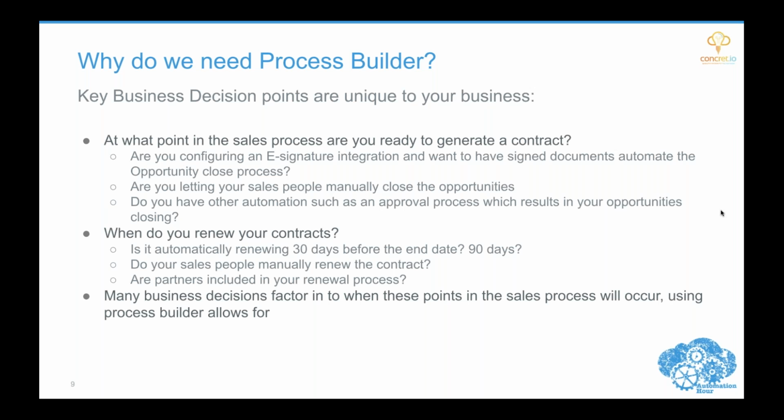Some people have a large enough sales team where they reach out right before the contract end date and they just want to be notified, okay, this is an upcoming renewal, give the salesperson notification. So for these reasons, we do use Process Builder, because Process Builder is going to let us be more flexible with when and how we make these automatic updates.